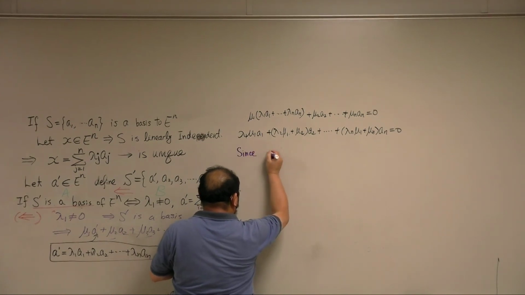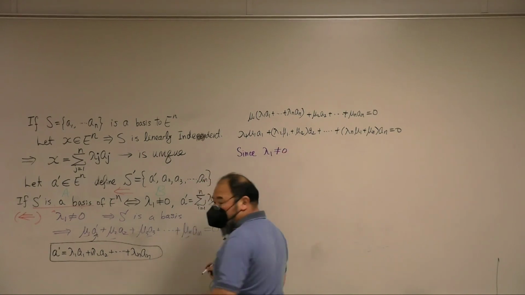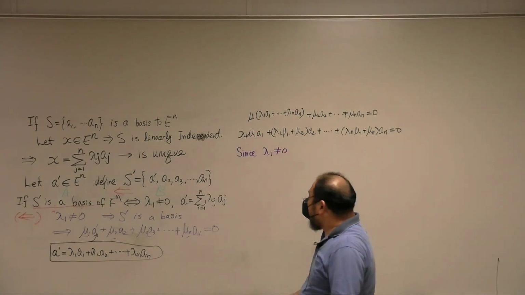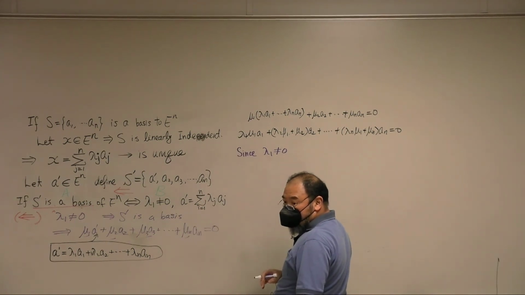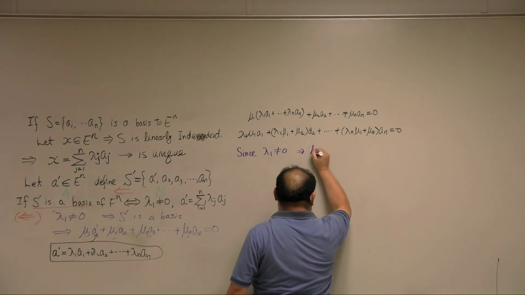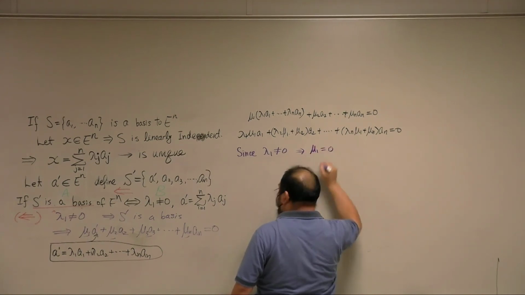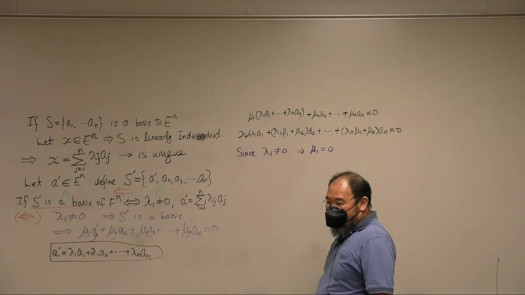Since lambda 1 is not equal to 0 by assumption, look at the first one. What happened? Then mu1 has to be equal to 0, correct?